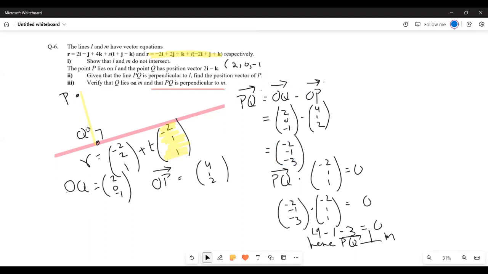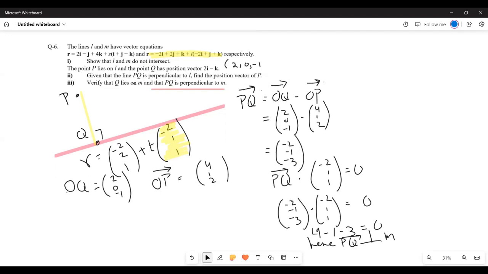And now the dot product of these two would be 0. So you'll find the dot product of PQ and just the direction vector of R. So when you do that, you get 0, and hence that is the proof that PQ is perpendicular to M.